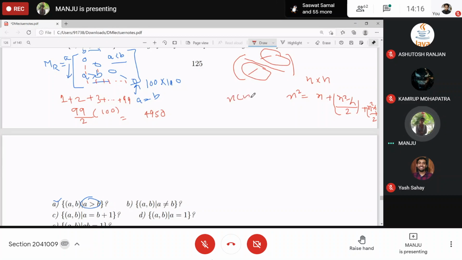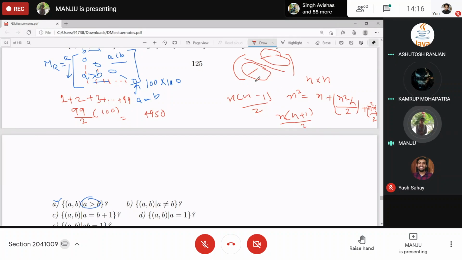And if you include the diagonal in either one, it will be n into n plus 1 by 2, because n will be added here. So if you solve it, it will come as n into n plus 1 by 2.